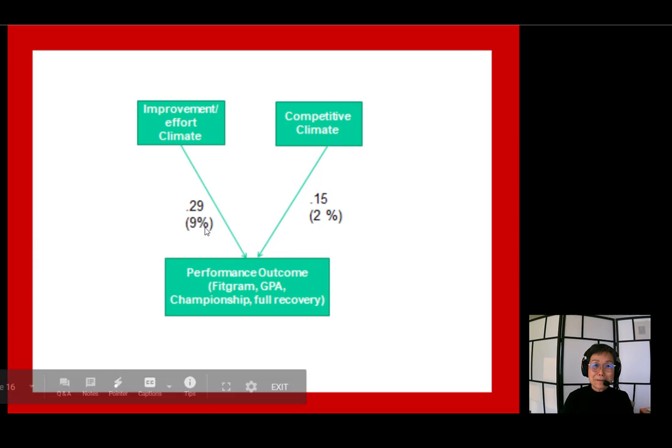It predicted some, about 11%. These scores are called regression coefficients, or path coefficients, in statistical terms. When you square them, they translate into percentages. So climate predicts about 11% of the outcome. Not significant at all.